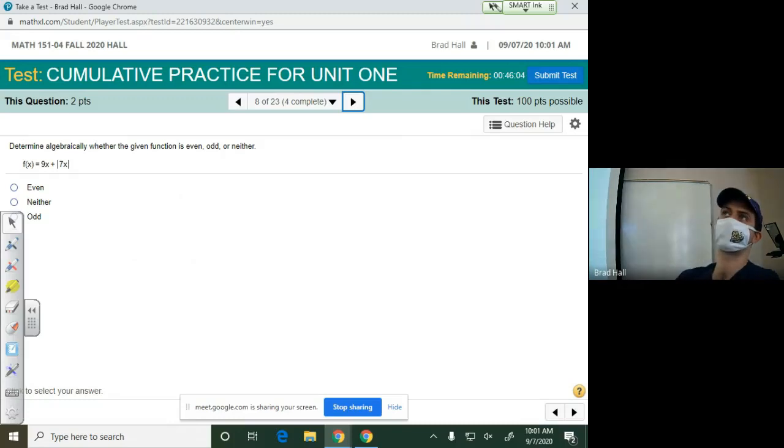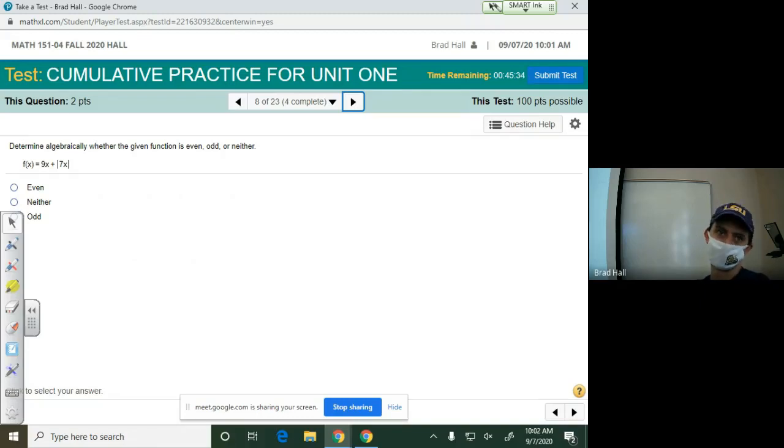there was something mentioned in class about using the exponents to determine whether something is even or odd. But what about if there's an absolute value? If you didn't have an absolute value, the pattern would normally be if all the exponents were odd, there's a good chance you have an odd function.